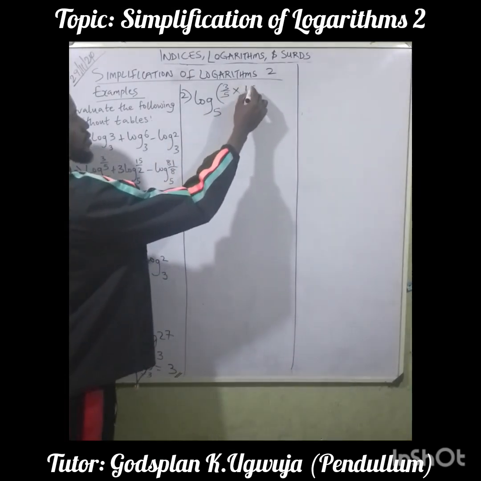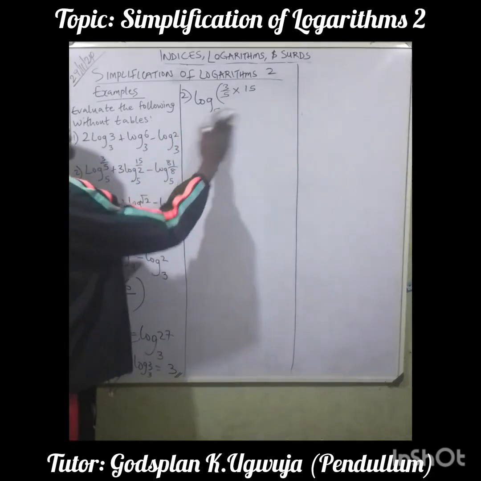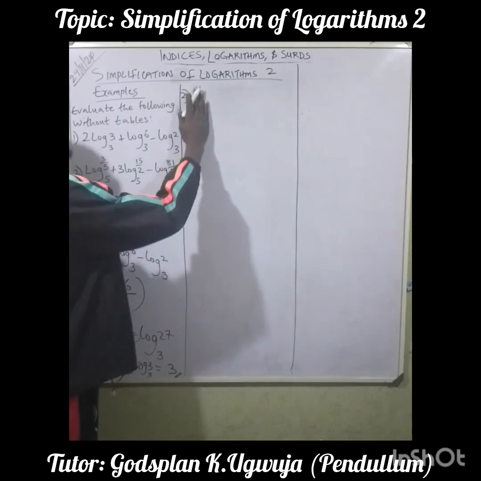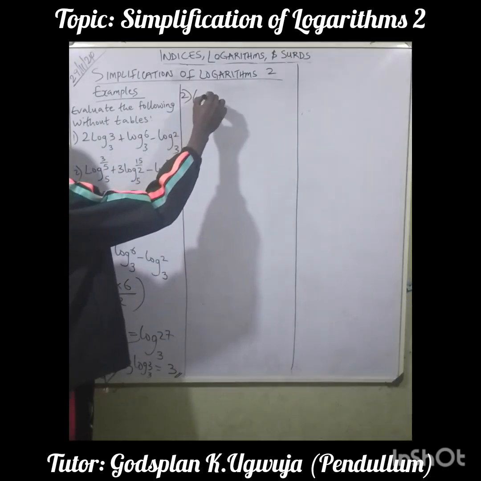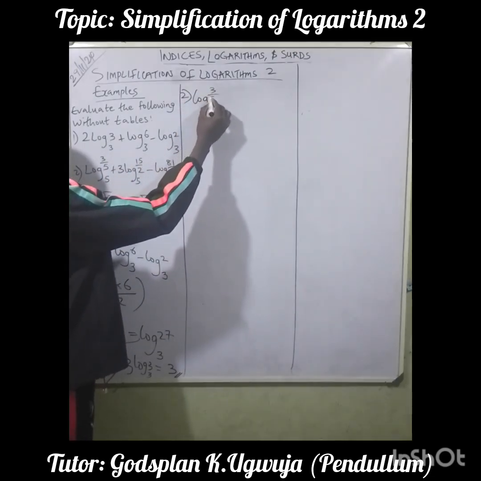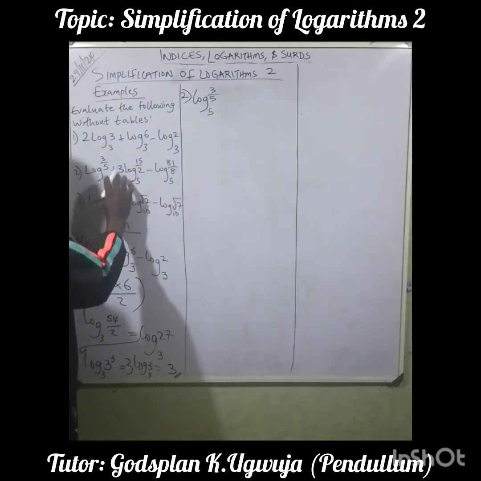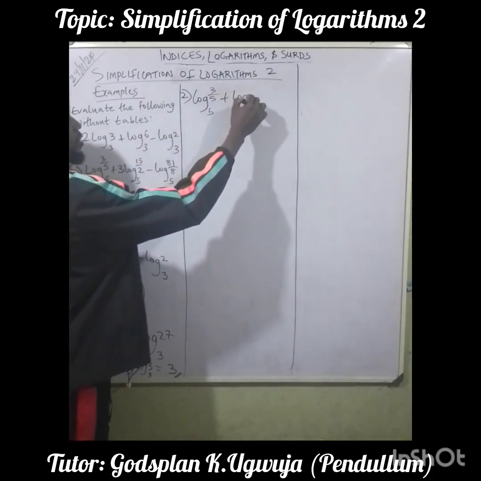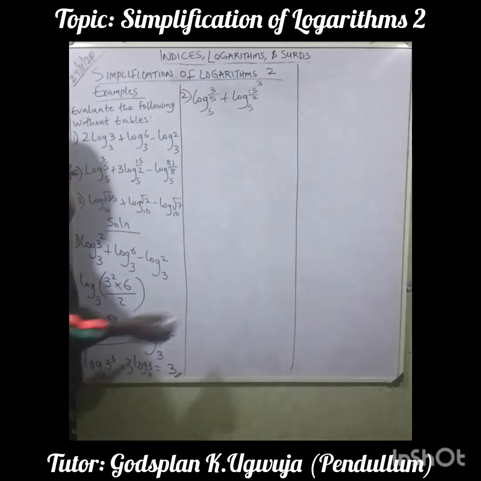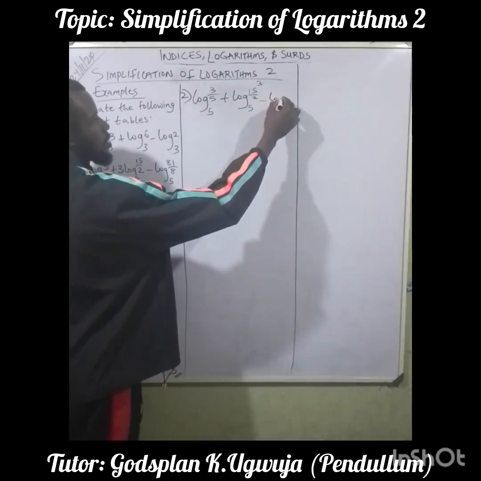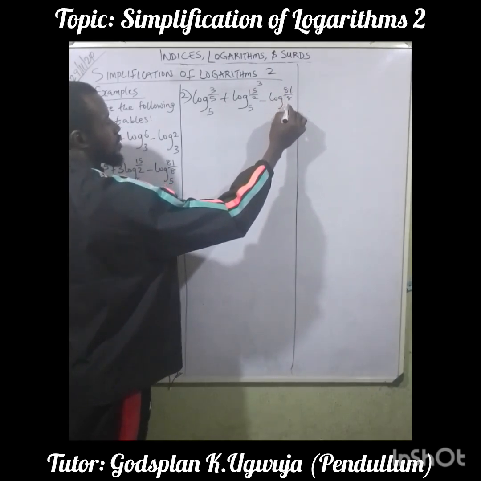Okay, sorry, I didn't see this. So first of all, we'll rewrite this, we'll take this power up. So we have log 3 over 5 base 5. Then this 3 will go up, plus log 15 over 2 base 5, all raised to the power 3, minus log 81 over 8 base 5.